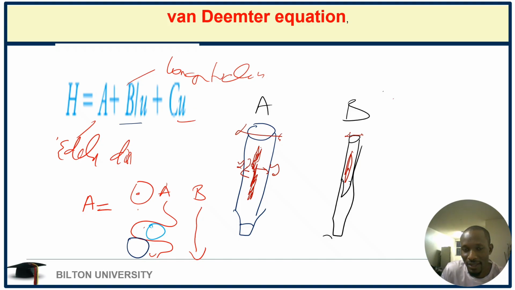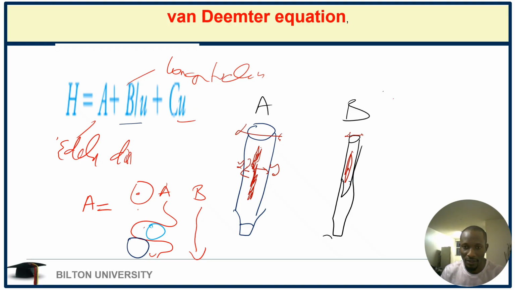So it means here that longitudinal diffusion can also be a function of the column diameter. If you have a huge column diameter like in A, longitudinal diffusion is going to be more pronounced than if you have a small column diameter like in B. Even in B, the longitudinal diffusion will still take place, but it will take a smaller time, unlike in A. So that's how longitudinal diffusion affects column efficiency.